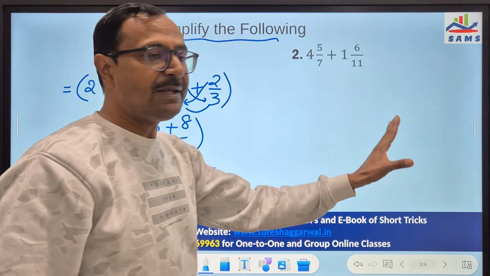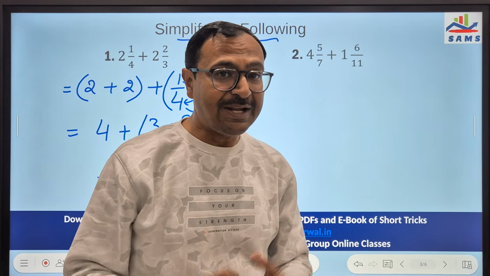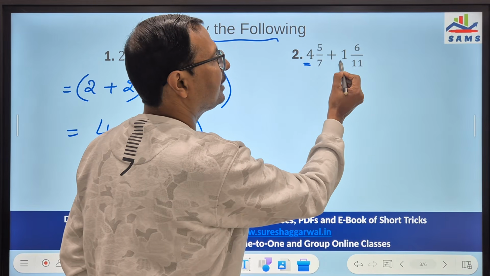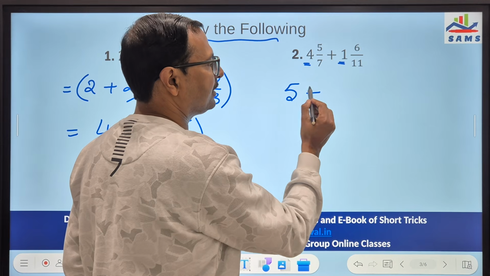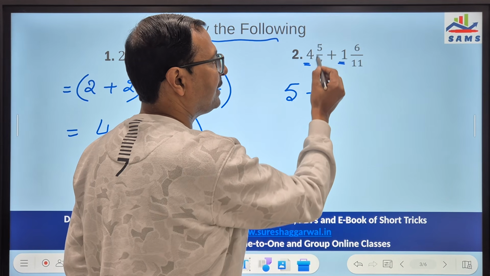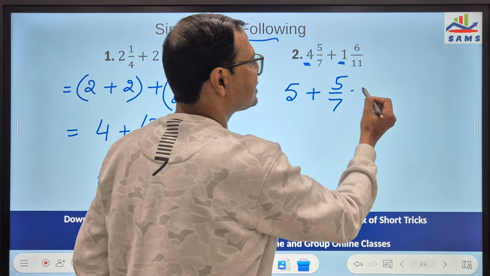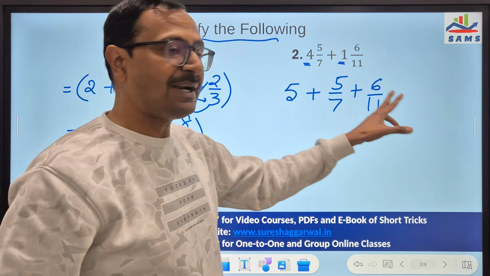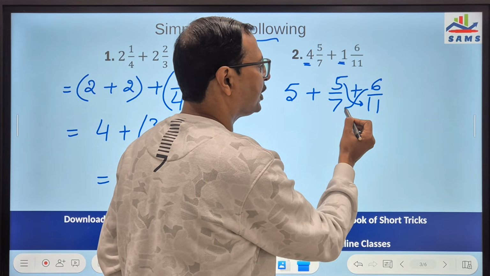Likewise, if you apply it here, you may find one change. Let's see whether that change is there in this question or not. 4 plus 1, the whole number parts will give you 5. Apart from that, you have 5 by 7 and 6 by 11. So add 5 by 7 and 6 by 11. Now see what happens. This is 55, this is 42.